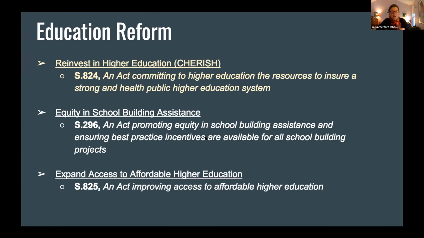We're also saying we have to reinvest in higher education. This is an act called the Cherish Act, and you can see the act name right below. And this says basically, we have disinvested in public higher education. That's places, again, like GCC and HCC and the University of Massachusetts. We've disinvested 31% per student since 2011.